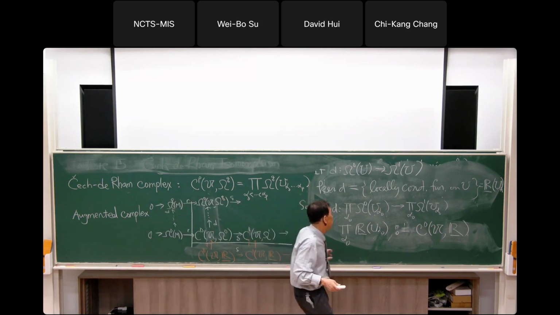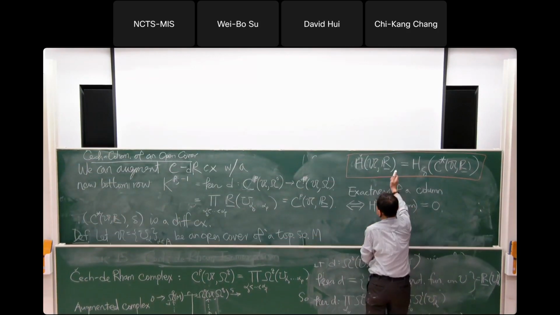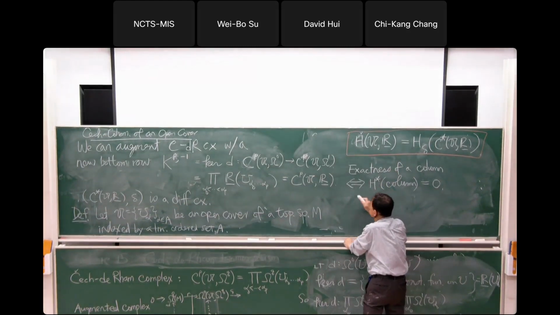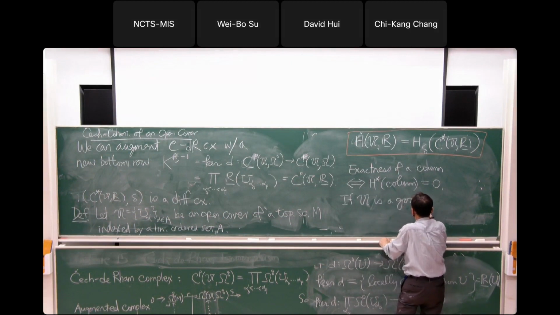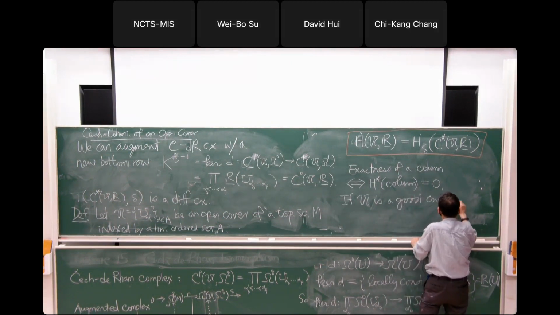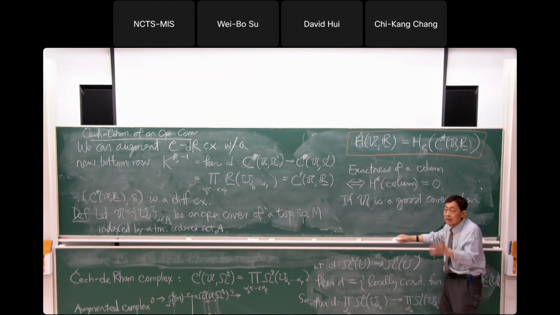Okay, so if you have a good cover, U is a good cover, then the cohomology of the columns is all zero except at the zeroth term. But if you augment it by introducing the locally constant functions, then the columns will all be exact.